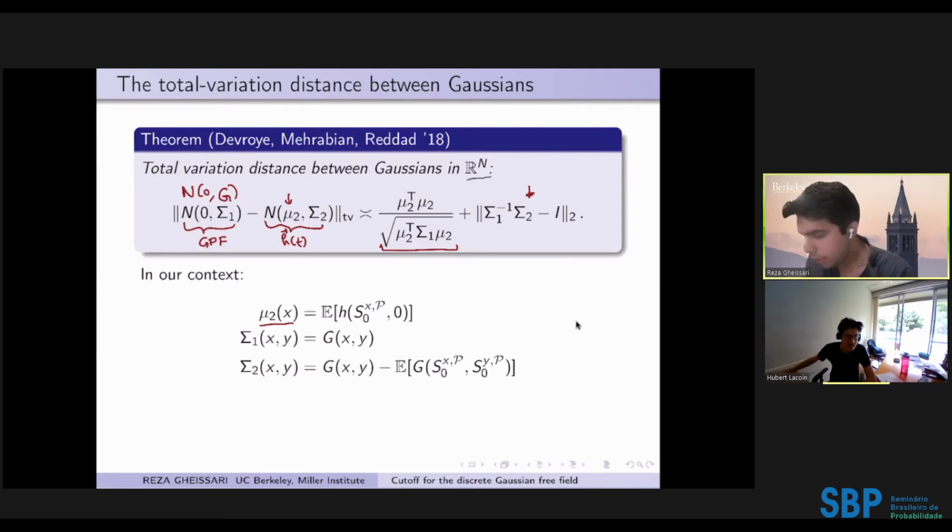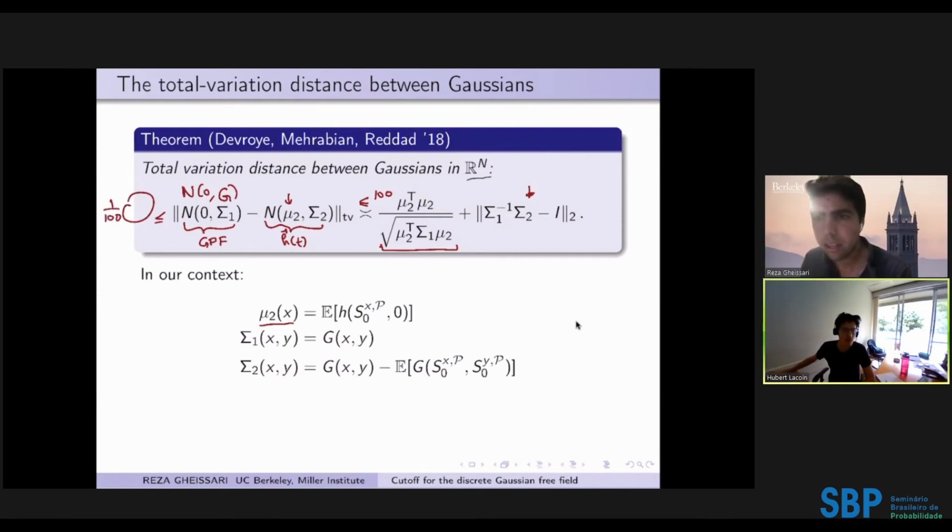In the sense that this is at most, say, 100 times, and at least 1 over 100 times, the same quantity. So it's uniform over all mu, sigma, and the dimension. Yeah, okay, thanks. Exactly. So it's a really sharp bound on the total variation between two Gaussians.